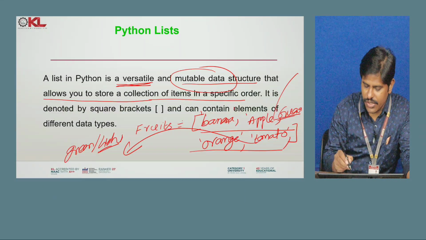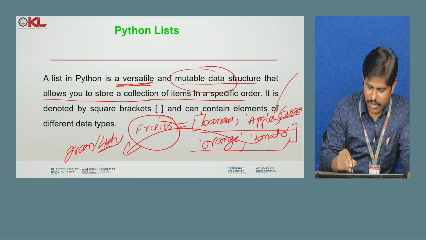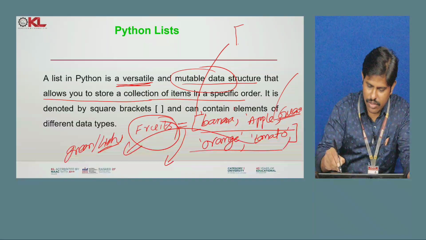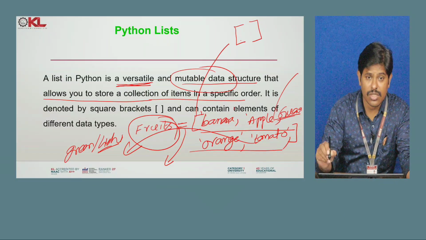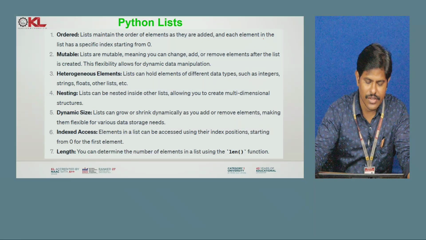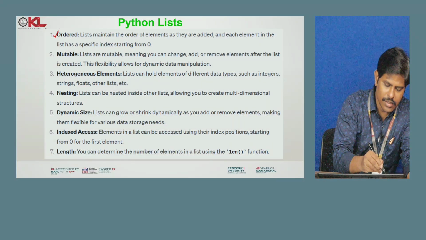So to initiate a list, we'll give a variable name, an assignment operator, and we use square brackets here. To see the features of a Python list, it is ordered.